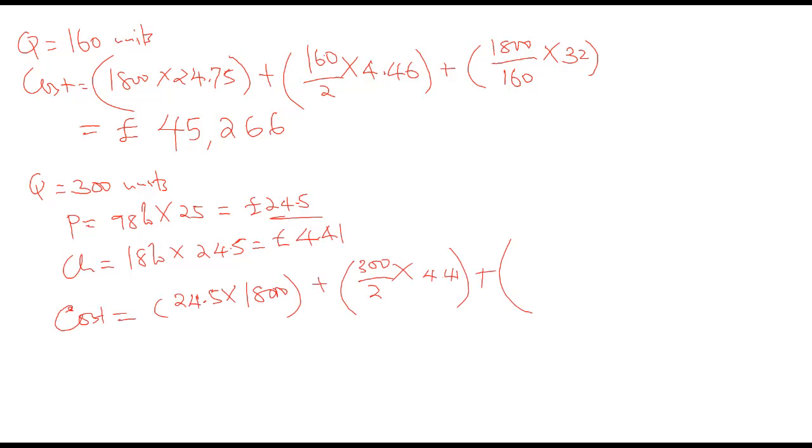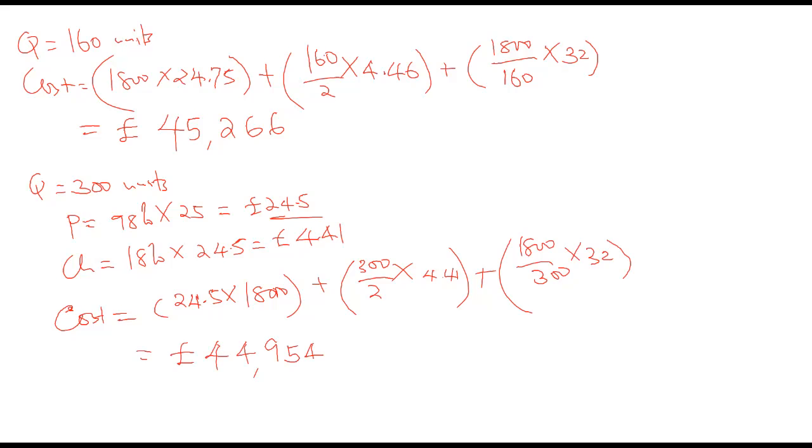The number of orders per year should be decreasing because you're ordering more items per order: 1800 divided by 300 times the £40 cost per order. And you get $44,954, the cost in case the Q is at 300.